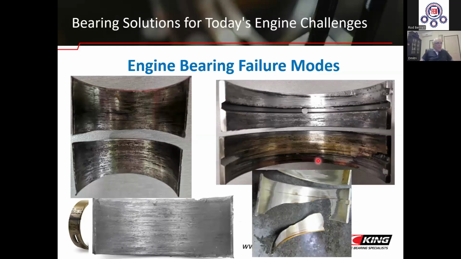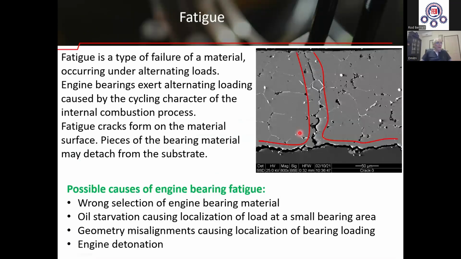The next section is about the failure modes of engine bearings. Fatigue. Fatigue is the most dangerous mode of bearing failure. What is fatigue? If you take a metal part and apply stress to it, if the stress is below the strength of the material, the part will not break and not crack.